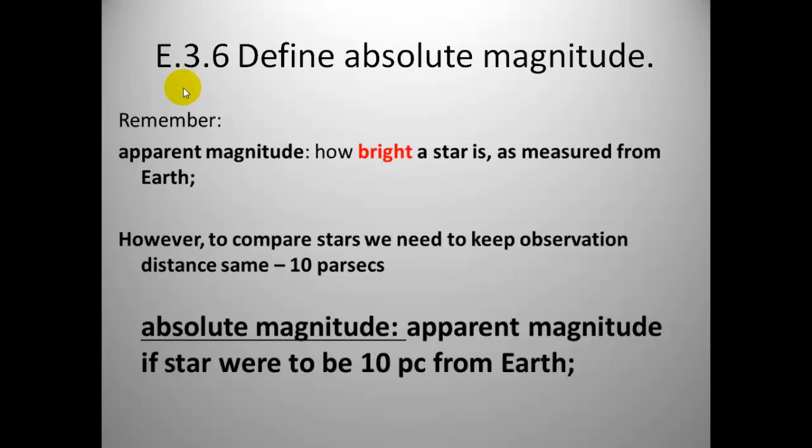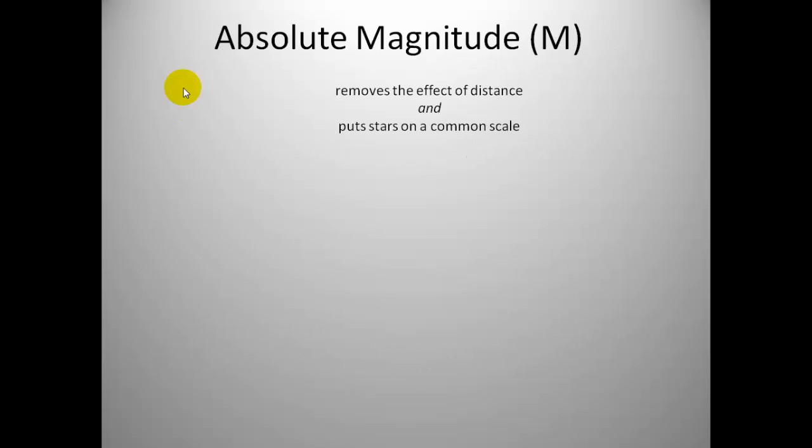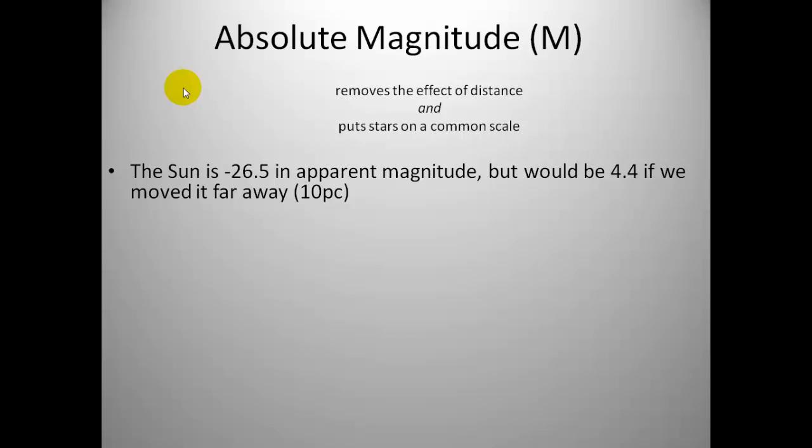So this absolute magnitude gets rid of the effect of distance. The Sun has an apparent magnitude of -26, but really it would be 4.4 if viewed from a distance of 10 parsecs. But we're very close to the Sun, so it has a much brighter magnitude than its absolute magnitude.